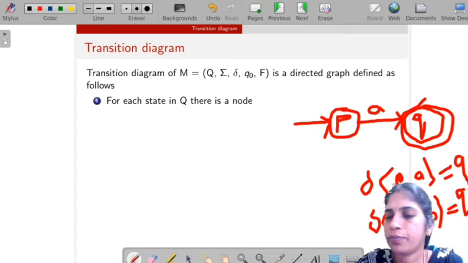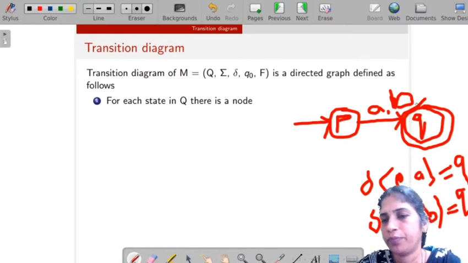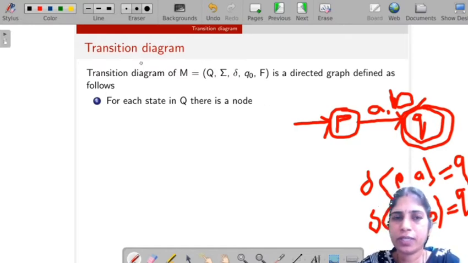That means from the state P, it goes to the state Q if the input symbol is A or B. In this case, we represent it as edges labeled by both A and B, that means A comma B. There is a transition from P to Q over the alphabet both A and B. Clear?